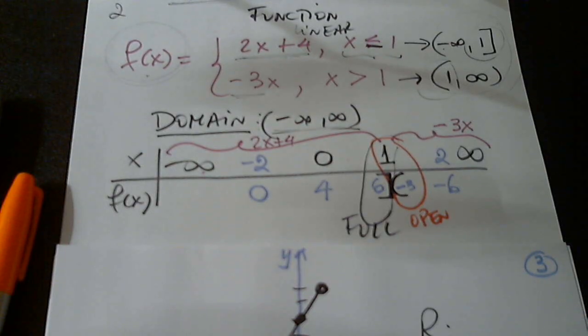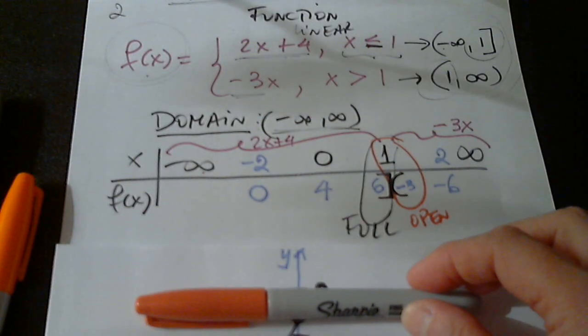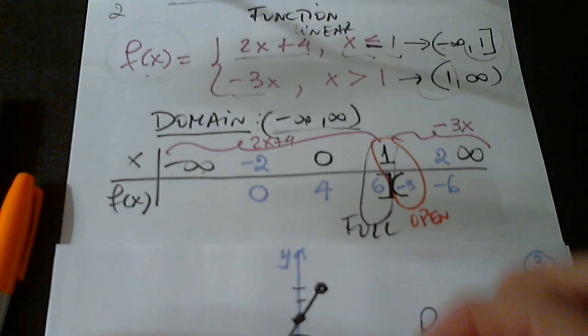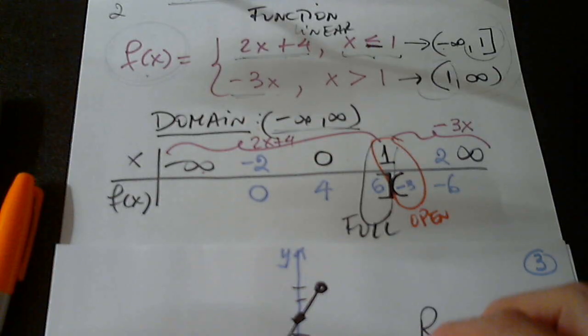What about the range? From negative infinity? Negative 2 to? From negative infinity till? To 6. That's it.